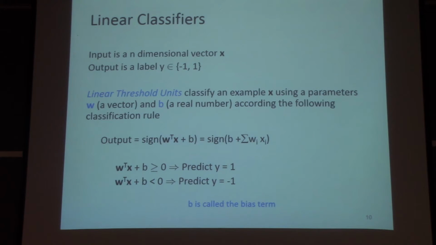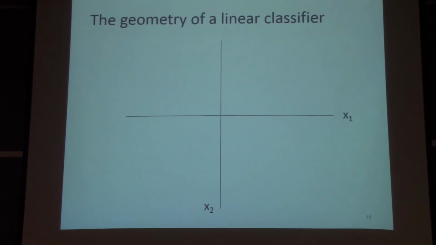It can be plus or minus, spam or not spam, and so on. A linear threshold unit is a function that's defined using 2 parameters. These are called the weight vector, or just parameters, and I'll use the symbol.